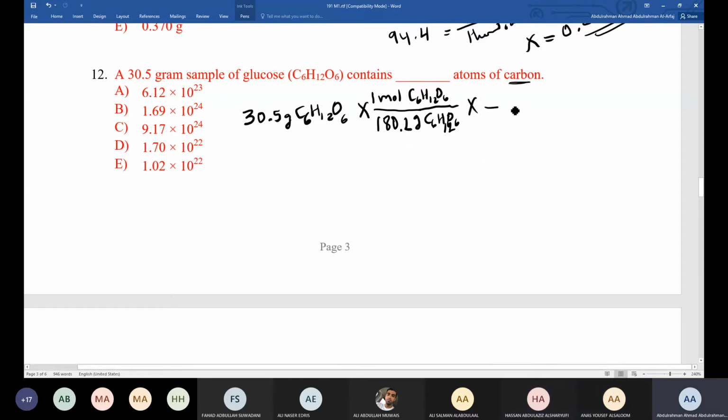Now, each 1 mole of C6H12O6 contains how many moles of carbon? 6 moles of carbon, because there are 6. And each 1 mole of carbon contains how many atoms?